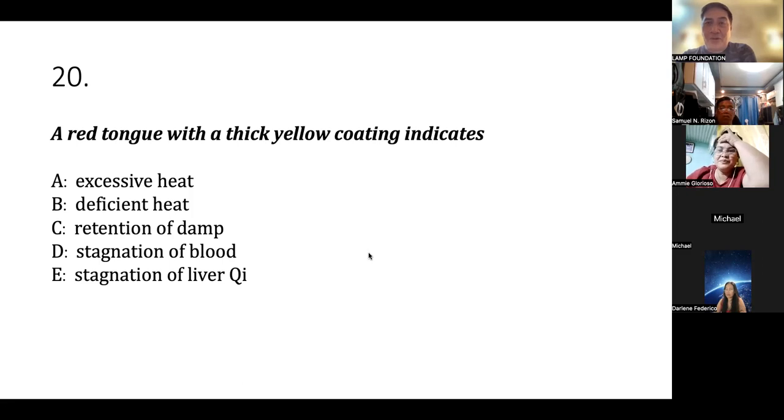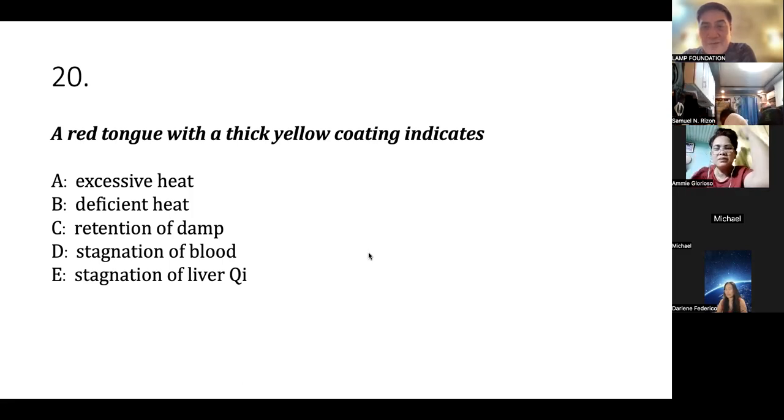What is the color of the coating in deficient heat? Pale color. No, the coating. Is there a coating in deficient heat? There is no coating.